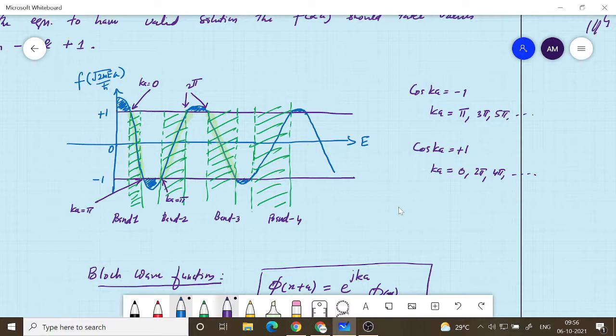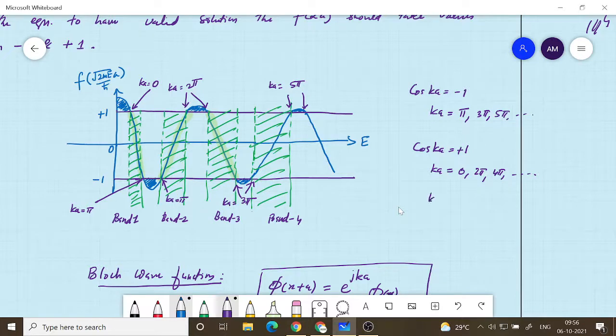You have gone to +1 and now you are coming back. So these two points again, this is going to be 3 pi, and this and this point goes to 3 pi. I am writing ka. Okay, I can write it in terms of k also.